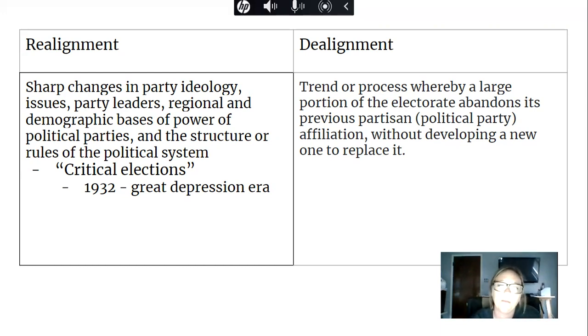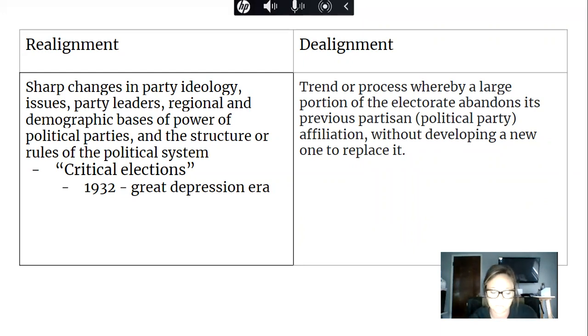One of those elections was the first election of FDR during the Great Depression. Hoover was the president before him. Hoover was very disliked. He was not a popular president by any means. And so when Franklin Roosevelt runs, he runs on a very progressive platform.